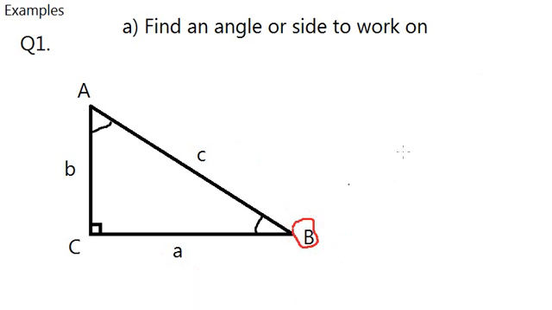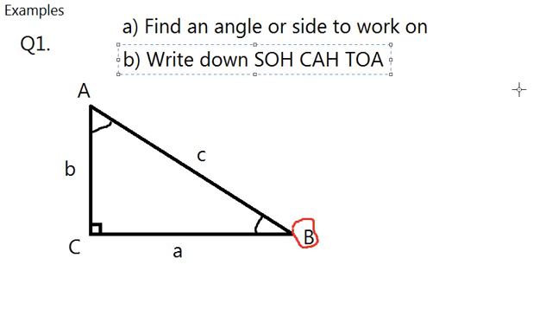Now the second step is to write down this. You've probably heard of this before, the Sohcahtoa method, and I personally don't like it because it's really confusing and it gives you a general idea of O is always O, H is always H, but it's not the case.